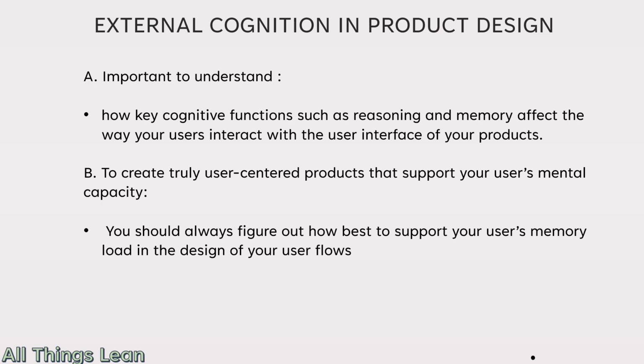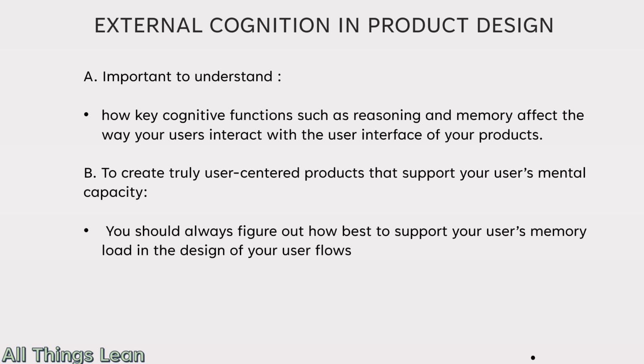When you design user-centered products, it is important to understand how key cognitive functions such as reasoning and memory affect the way your users interact with the user interface of your product. External cognition is the information processing that goes on between the internal cognition of the human mind and the perception and manipulation of its external representations.